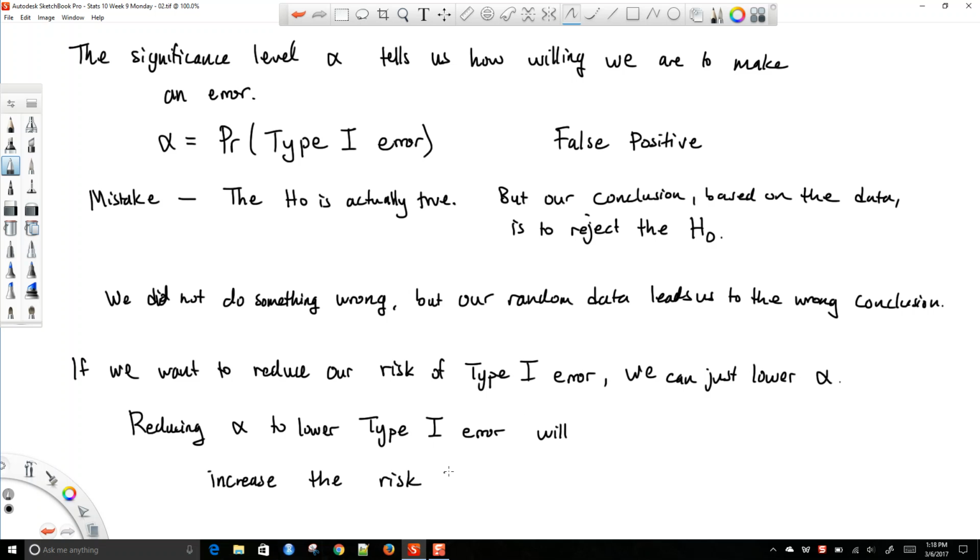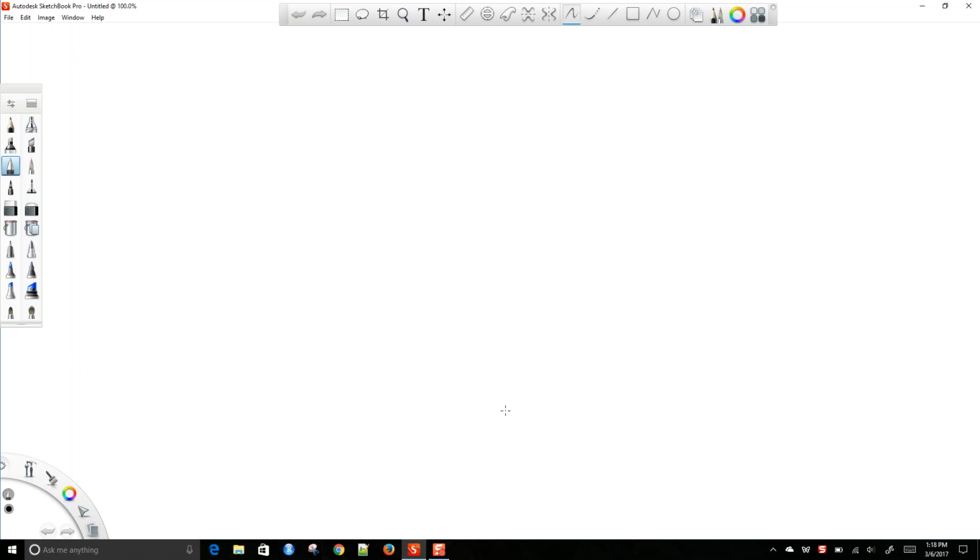Okay, so what is type 2 error? Okay, so type 2 error, we might call this the false negative. Okay. The false negative, this is, in reality, the null hypothesis is false and should be rejected.